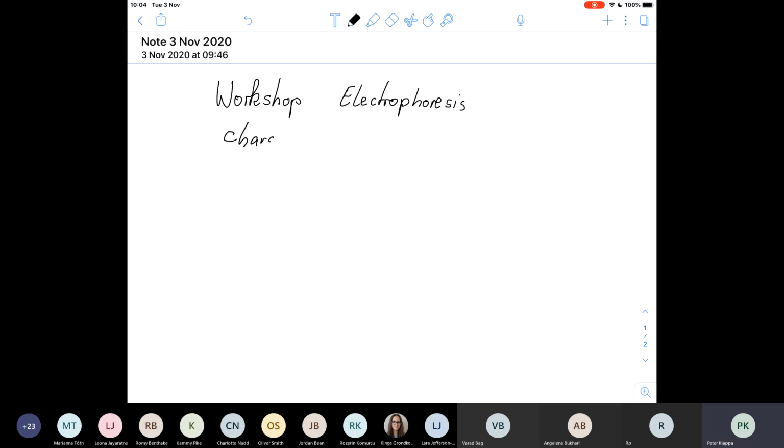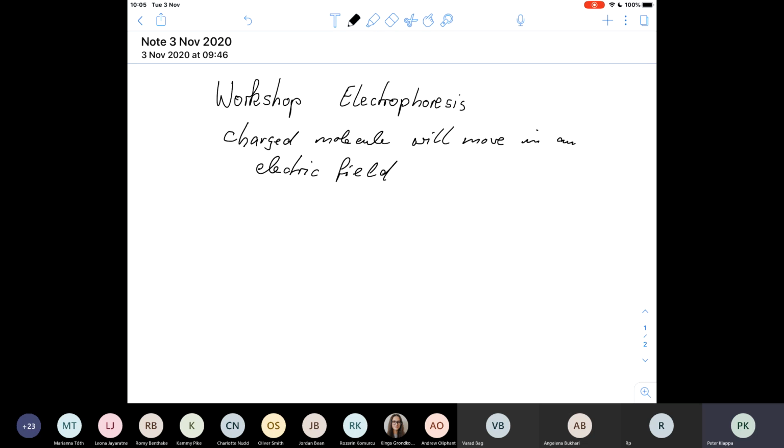A charged molecule will move in an electric field. So that is really the big concept behind it.